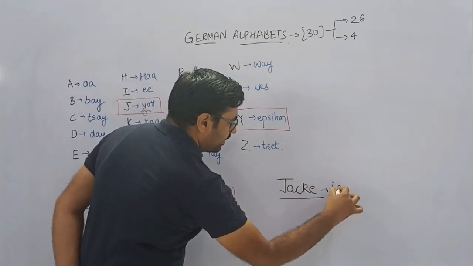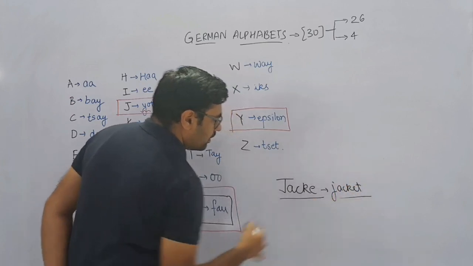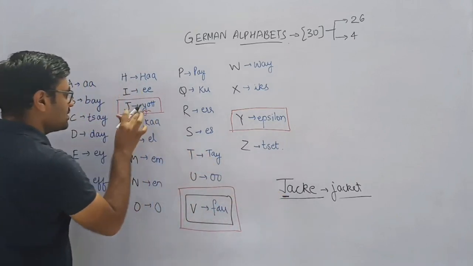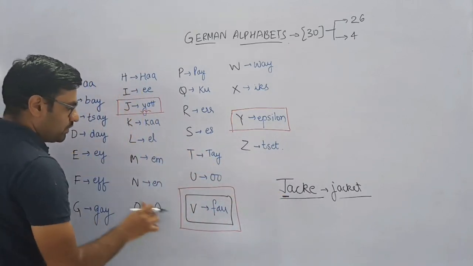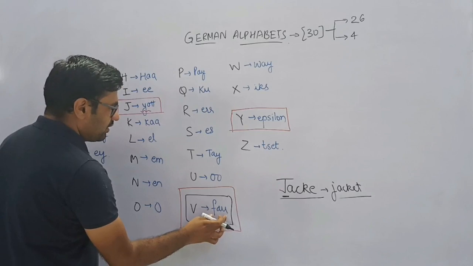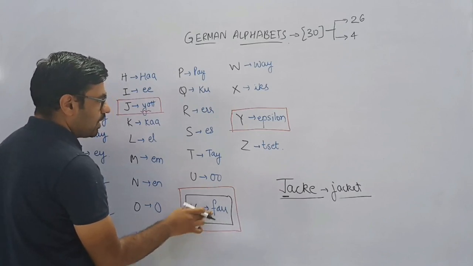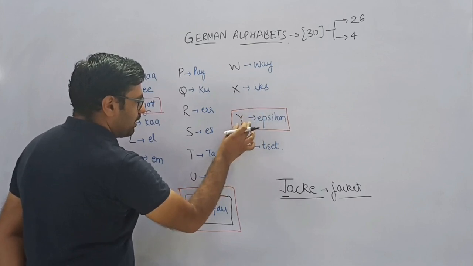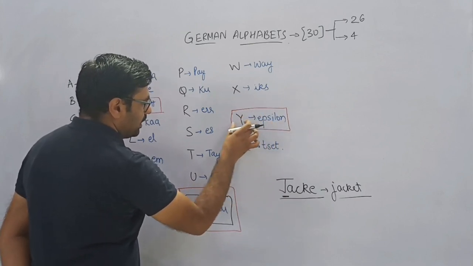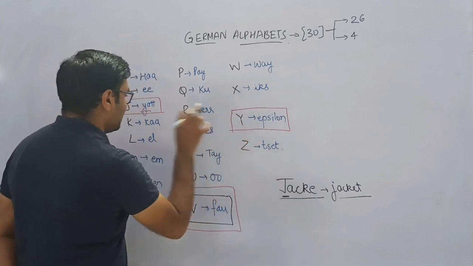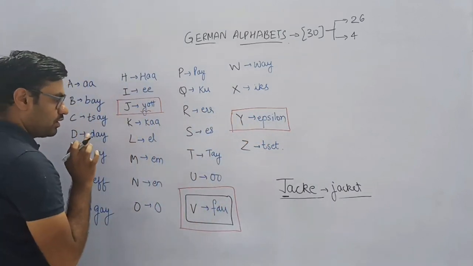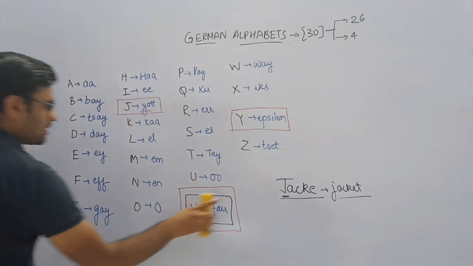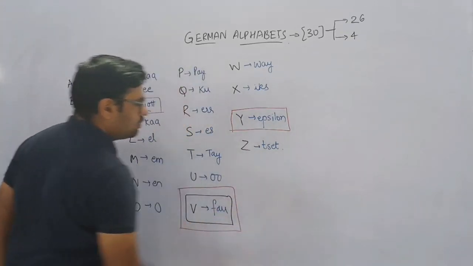This means jacket, because the letter J has a pronunciation same as the letter Y. V has a pronunciation same as the letter F. And epsilon, Y: the name of the letter is epsilon, but it has a pronunciation same as that of the letter Y again. These are three important letters that I need to tell you.